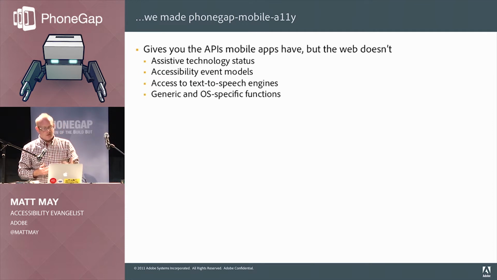So all of the information about assistive technology status, the event models for turning things on or off, access directly to the text-to-speech engine, and then we have generic functions to call for is a screen reader running, as well as operating system level functions for on iOS is VoiceOver running, or on Android is TalkBack running. So if you have some discrepancies from one version to another and you need to change some of the markup for one screen reader or another, that's also available to you.